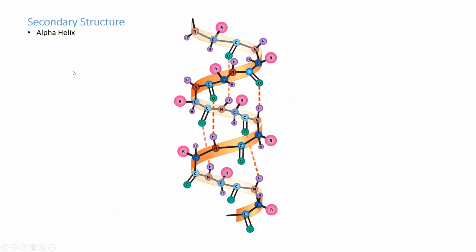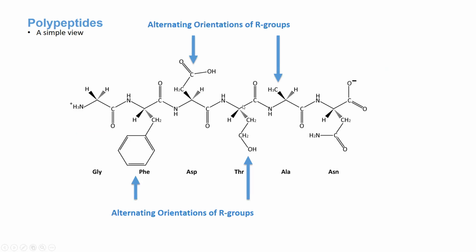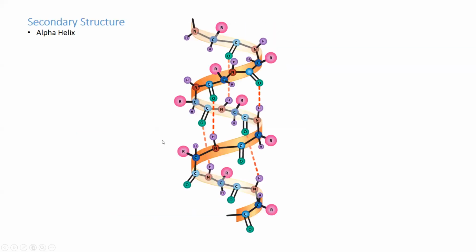Okay, the secondary structure is the alpha helix. The alpha helix is when the polypeptide starts folding upon itself due to hydrogen bonding. This nitrogen and the hydrogen have a polar covalent bond. Remember, we talked about that in class. And this here is a covalent bond.